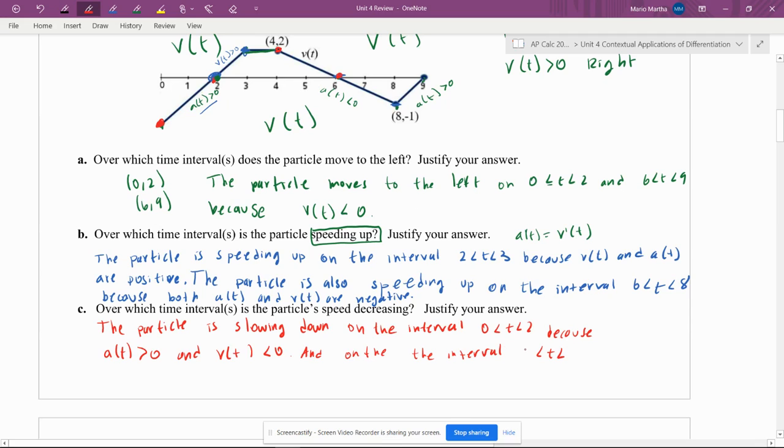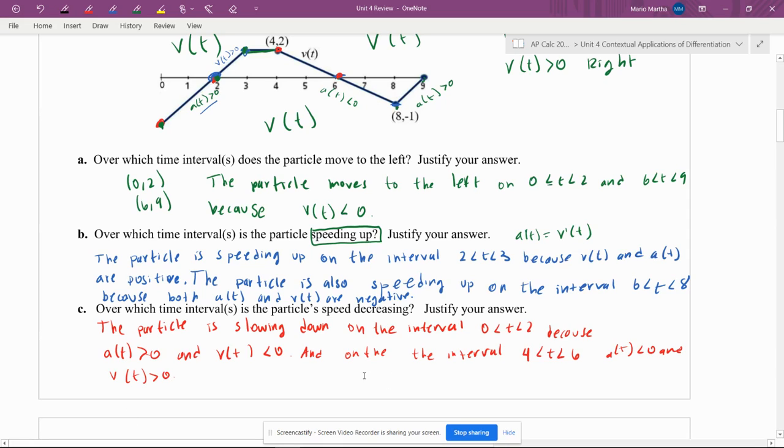So between 4 and 6, a of t is less than 0, and v of t is greater than 0. Okay.